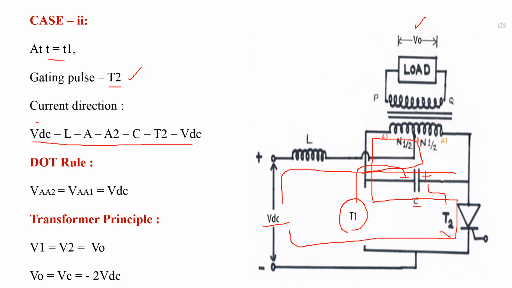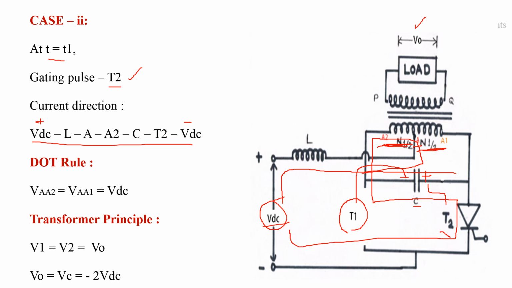Here this is the VDC plus and this is the VDC minus. According to the dot rule, current is flowing from terminal A to A2. So the same amount of input voltage appears across this part of the primary winding. The same amount of voltage appears across the remaining part of the primary winding, that is this one.